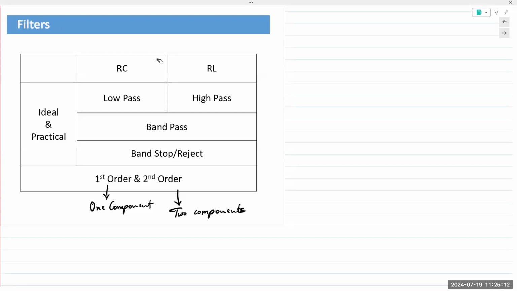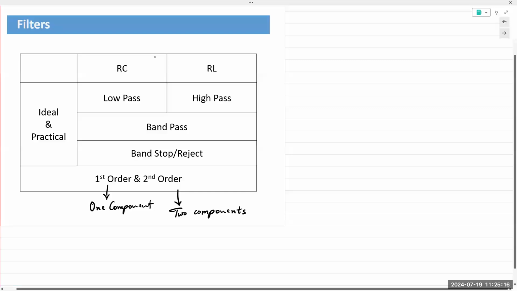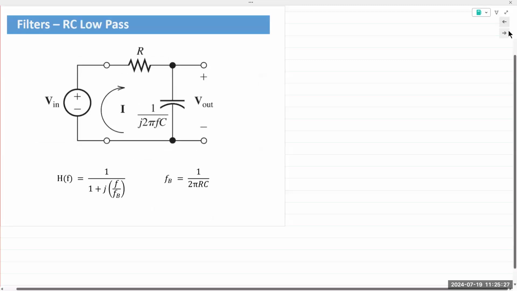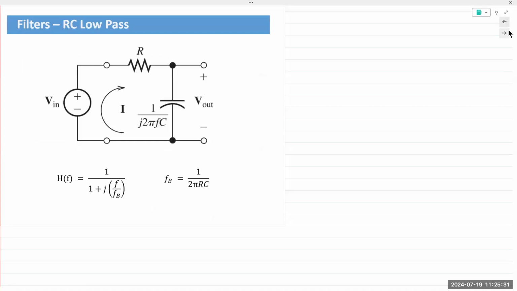And of course, circuits are never without resistors. And so a capacitor filter would be an RC filter. Inductor filter would be an RL filter. So I'm going to go over all four kinds of filters, but I will show you that they're exactly the same circuit. Okay.